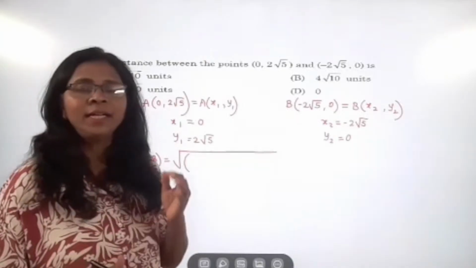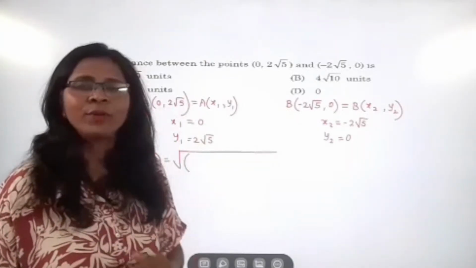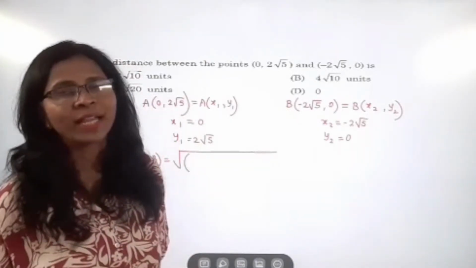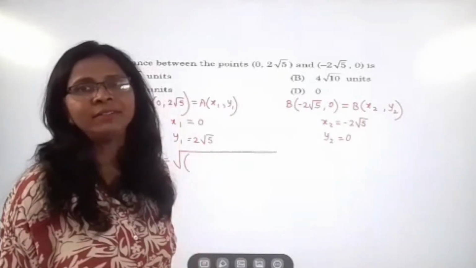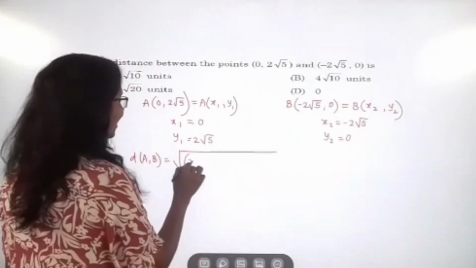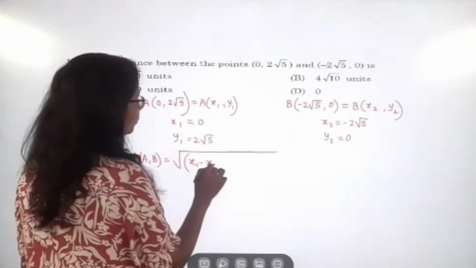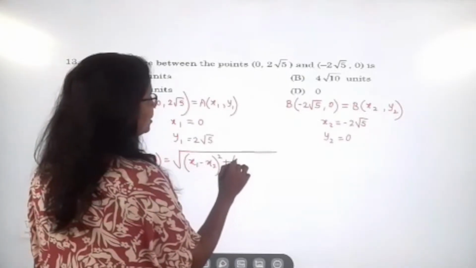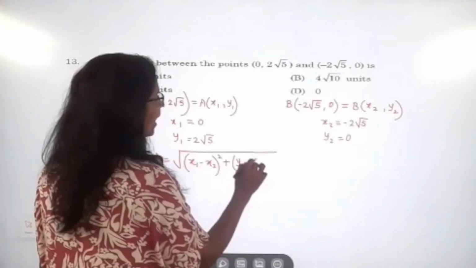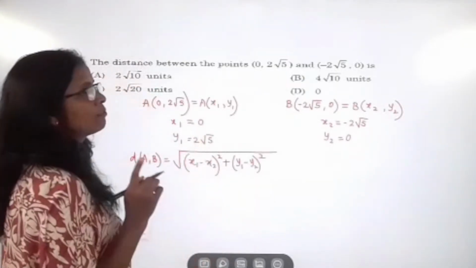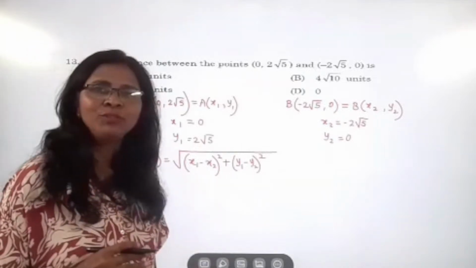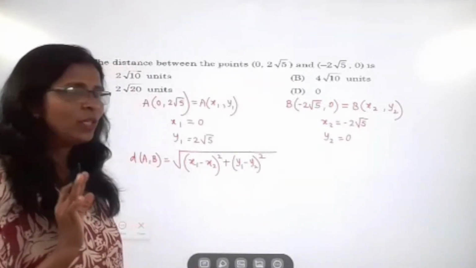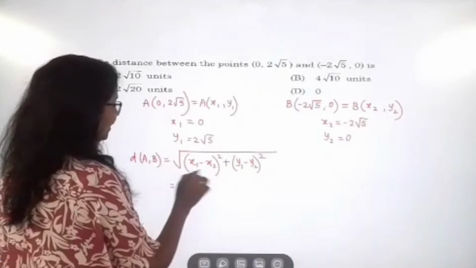Otherwise you can write x1 minus x2 whole bracket square plus y1 minus y2 whole bracket square. These two are the same. So I write x1 minus x2 whole bracket square plus y1 minus y2 whole bracket square, the same thing, because the square of the negative number and the positive number are equal. That's why I write this way.